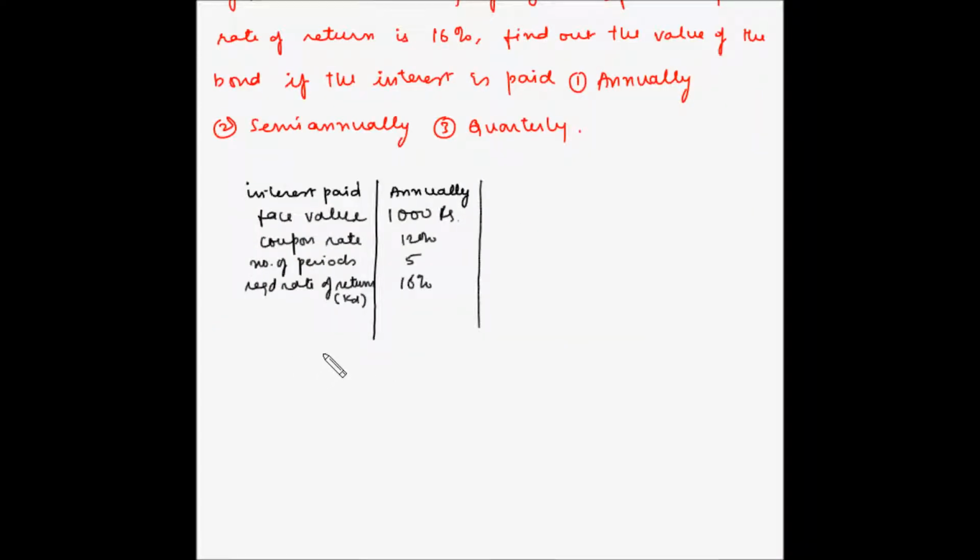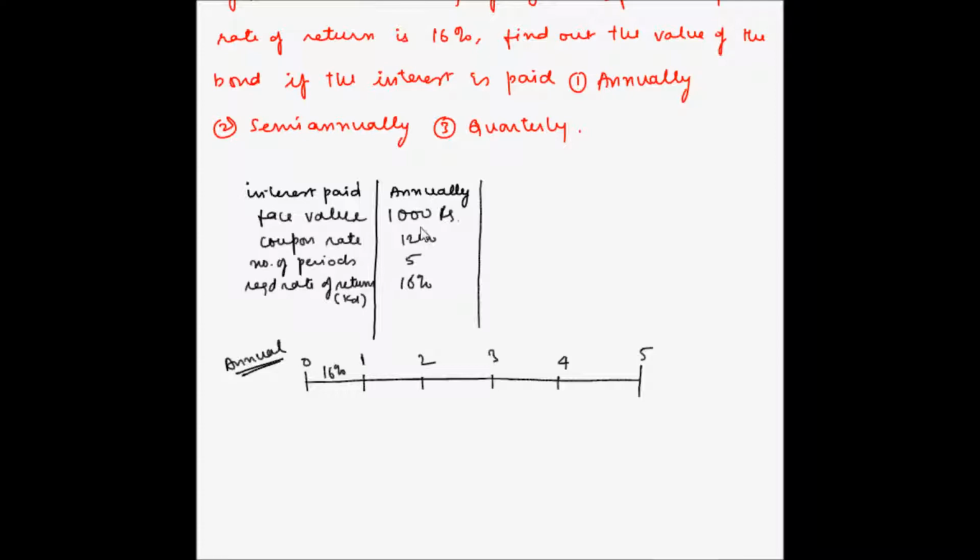So let us now draw the timeline for the annual interest payment option. So the total number of periods is 5. So 0, 1, 2, 3, 4, 5. KD, or the required rate of return, is 16%.